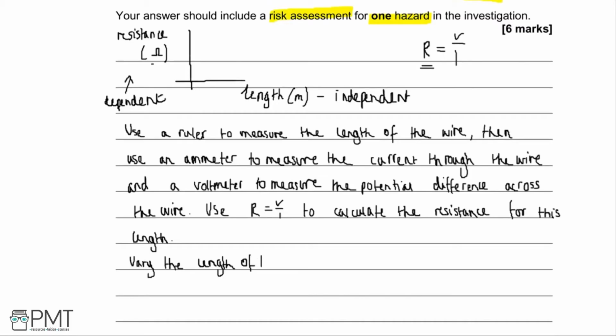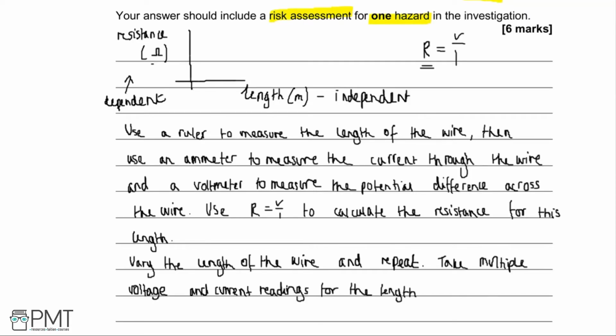Then we need to talk about how we can improve the accuracy of our investigation. Most often we do this by taking repeat readings. For example, we would plug the circuit in, take a current reading and a voltage reading.